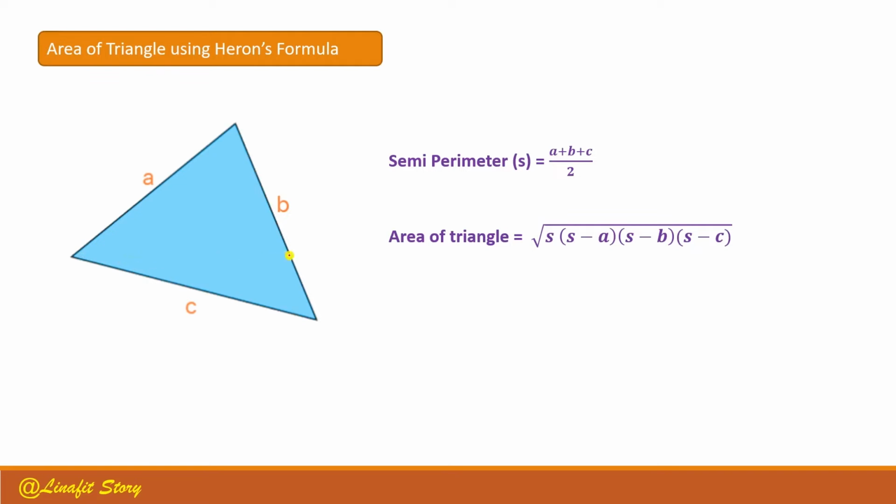And then after that, apply the value of the semi-perimeter in the main formula. So this is Heron's formula. To get the area of the triangle, find the square root of S times open bracket S minus A, times S minus B, times S minus C.